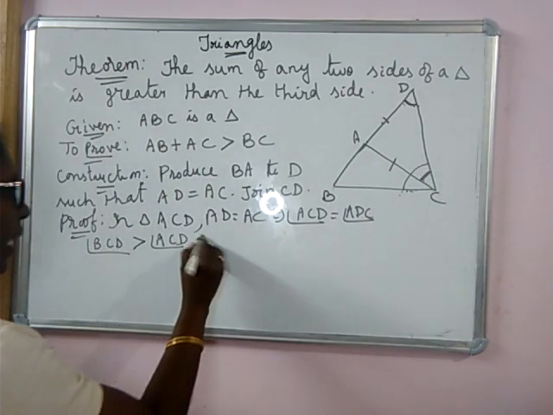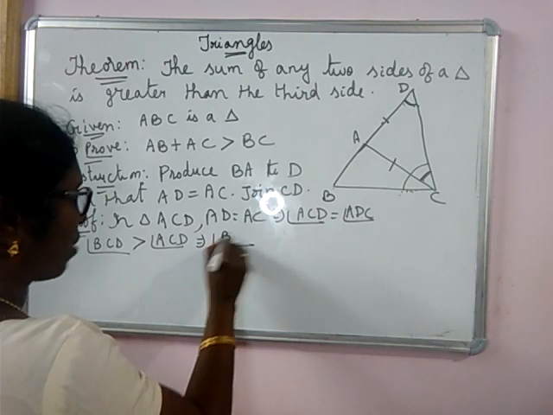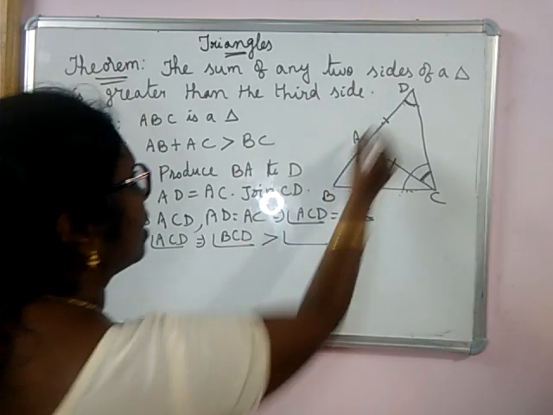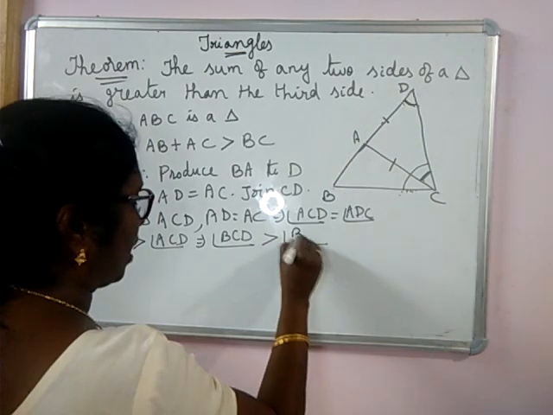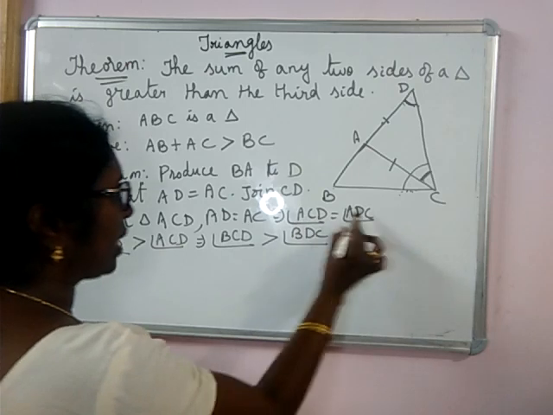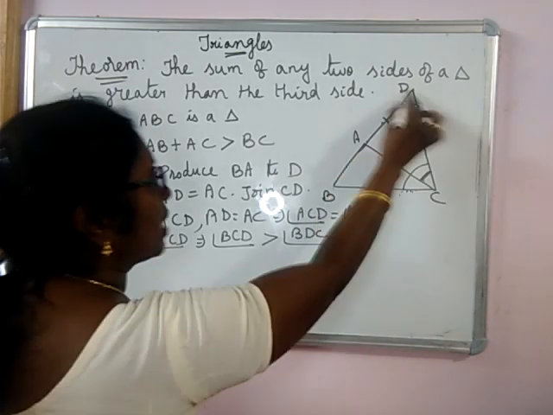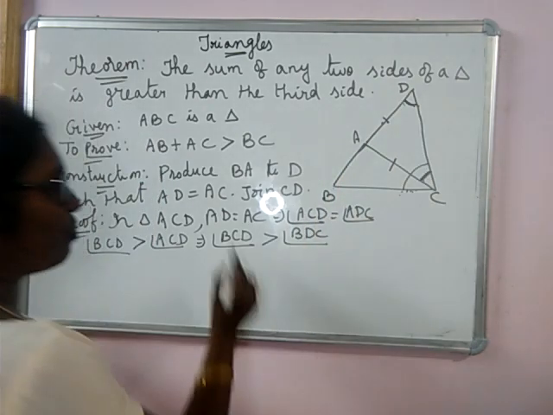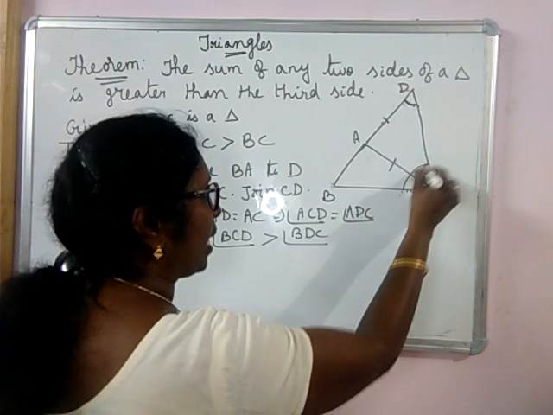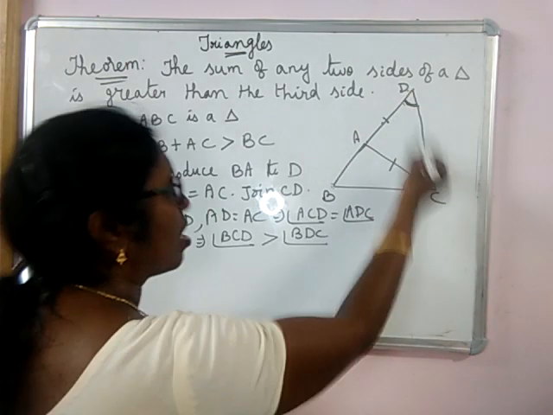Angle BCD is greater than angle ACD means I can write angle BCD is greater than angle ADC, ADC or BDC, any problem? Because in place of ACD I have written ADC, and in place of ADC I wrote BDC. So angle BCD is greater than angle BDC.